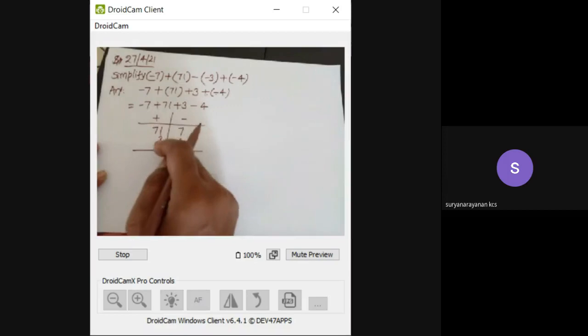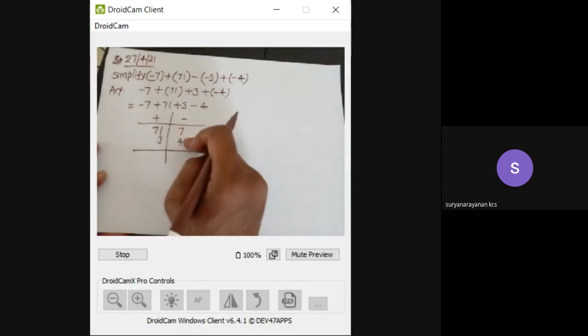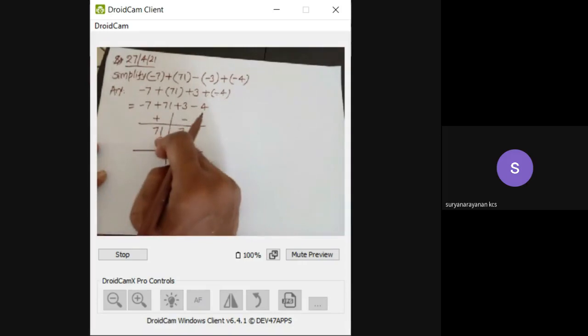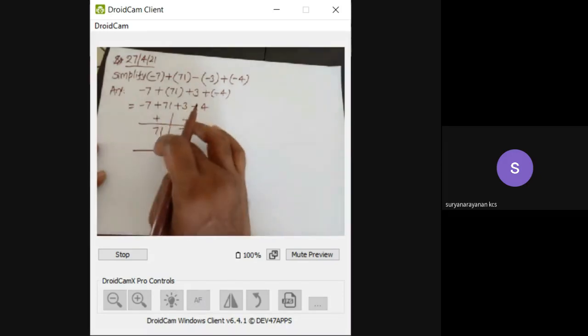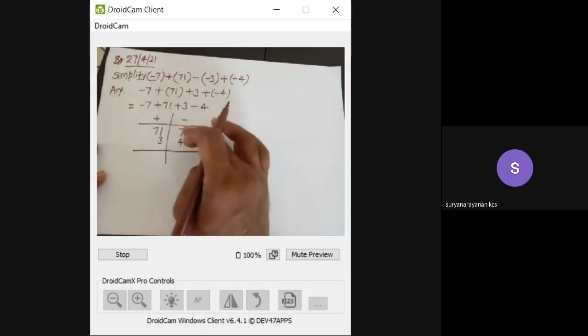Here in this plus box, there are 2 numbers. In the minus box also, you got 2 numbers. First we simplify. Simplifying means here adding the numbers. Remember this point, not subtraction. We add all the numbers which are written under the plus box. We should add all the numbers which are written under the minus box.